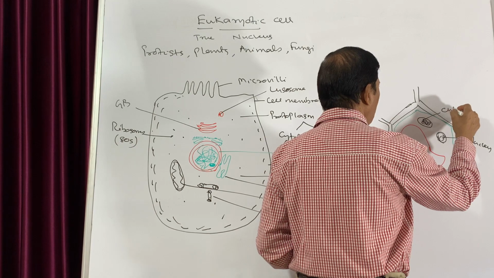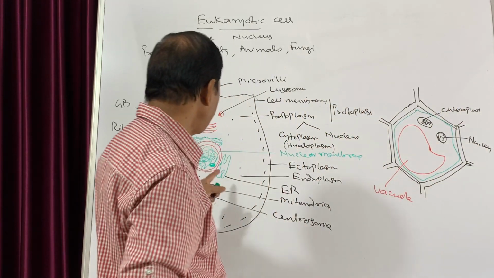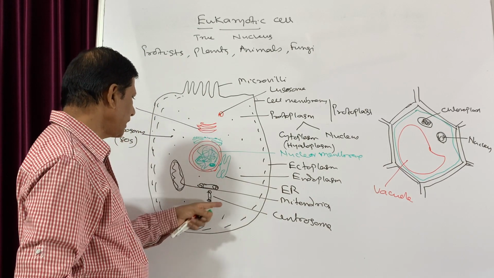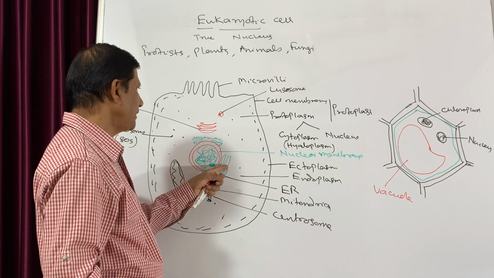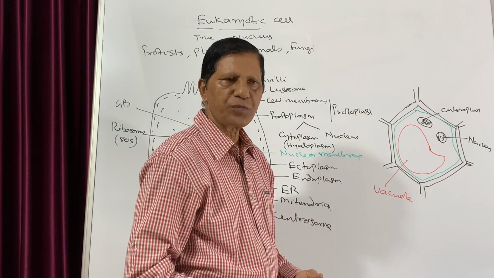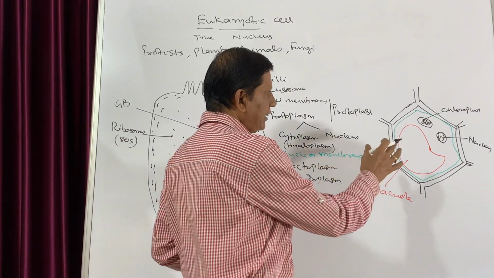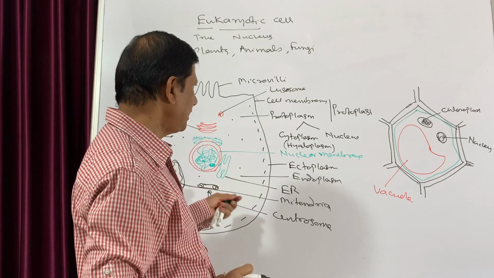So this is chloroplast, which is absent in case of animal cells. All other things, the mitochondria, the endoplasmic reticulum, Golgi body, all are present, but here centrioles are not present. So this is the plant cell, and this is the animal cell.